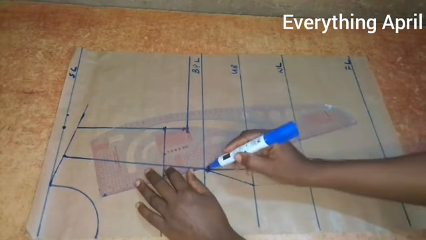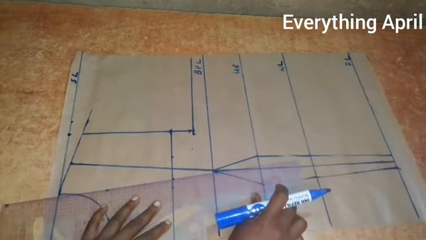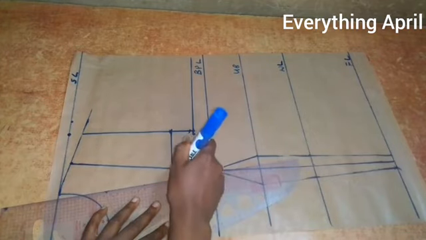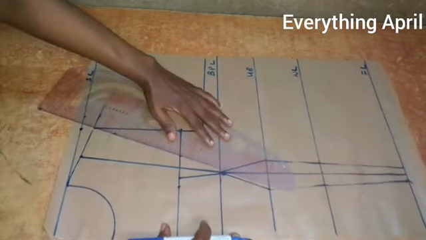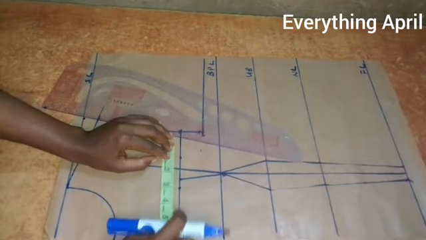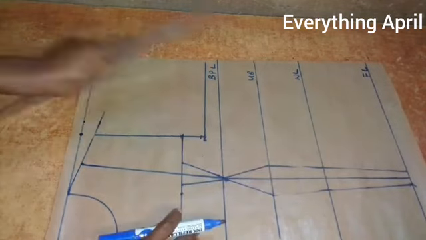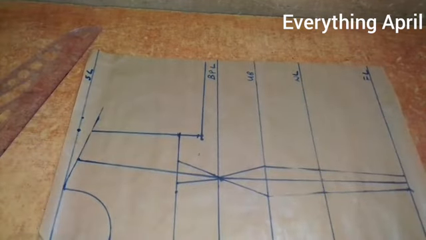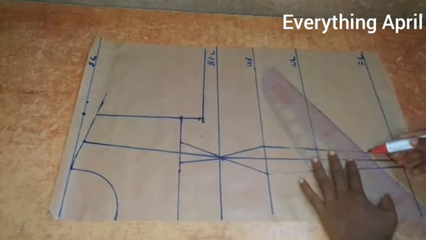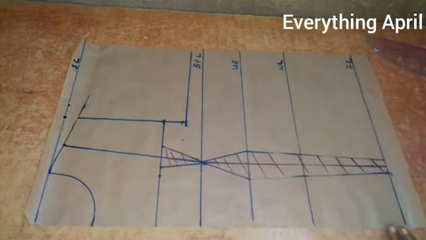I'm connecting the dart legs to the bust point line, and then the one coming from above, I'm going to also connect that down to the bust point line as shown. So this is the first dart that I'm shading, and it will be cut off.